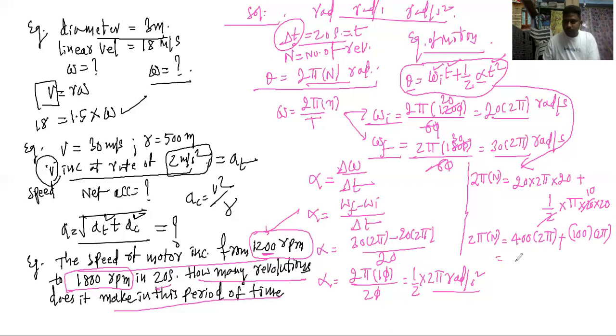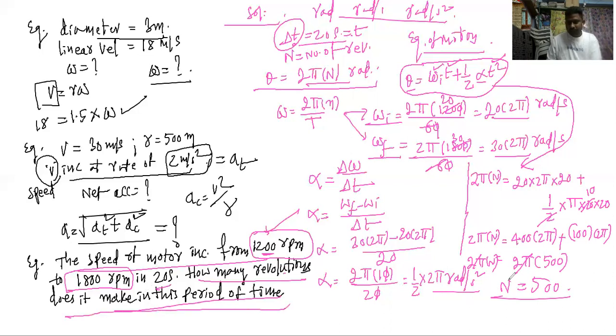So here 2 pi, if you take common, 2 pi into 500. Here 2 pi into n. 2 pi cancel. Carefully see. What is that n? n is equal to 500. So how many revolutions does it make in this period of time? It's 500, my dear students. 500 revolutions. All right. Clear?